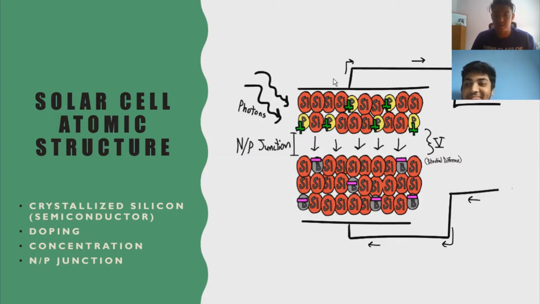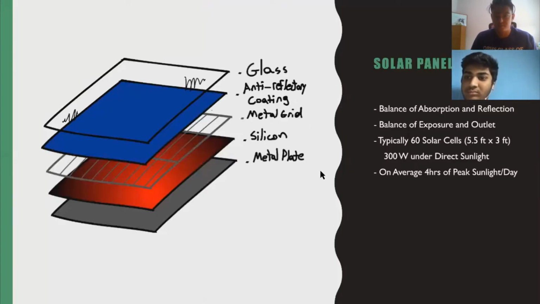So that way they will always move down and create this polarization, and that creates the potential difference. So once the photon hits, that will kind of just move the electrons through this wire and to an energy source.